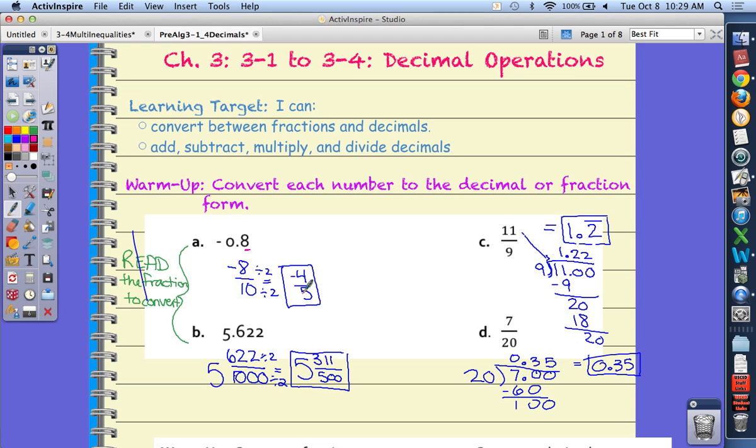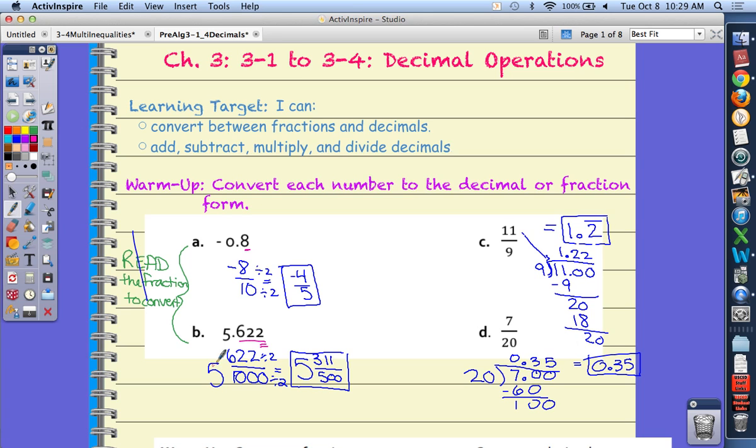Let's jump down to B. If we have a whole number of 5, that can be the whole number in your mixed fraction. Then read this number. The last number to the right falls in what category? Tenths, hundredths, thousandths. So that 1,000 becomes your denominator, and then 622 becomes your numerator.